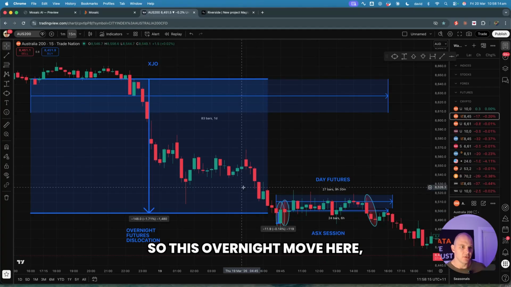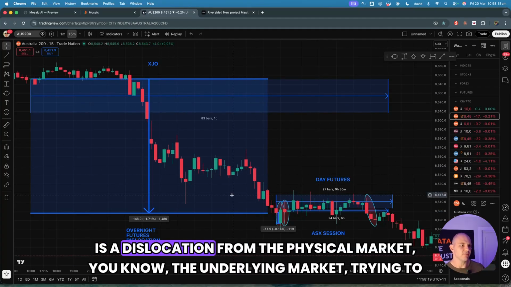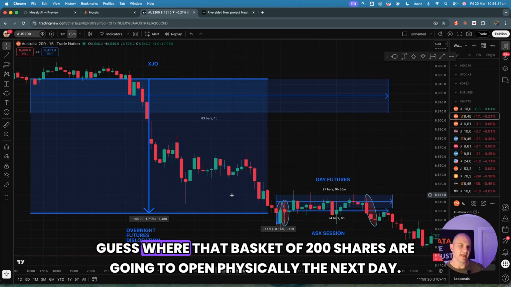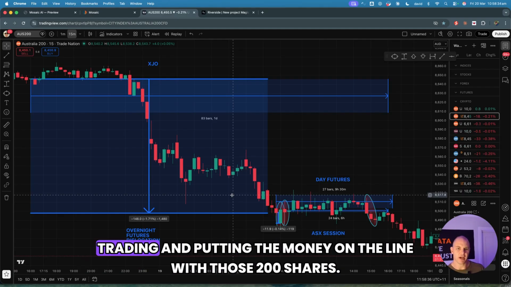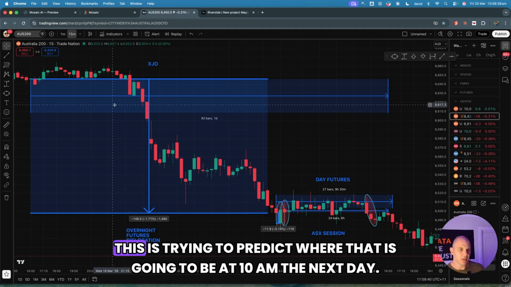So this overnight move here is a dislocation from the physical market, the underlying market, trying to guess where that basket of 200 shares is going to open physically the next day. Where the real money, when push comes to shove, where people are actually putting the money on the line with those 200 shares, is trying to predict where that is going to be at 10 a.m.